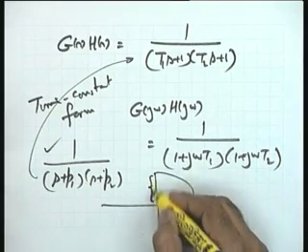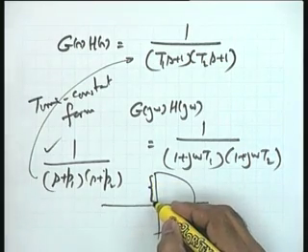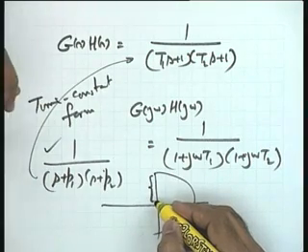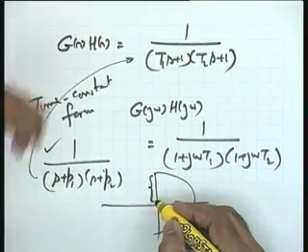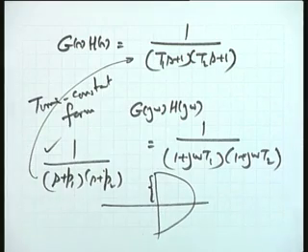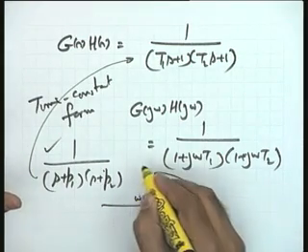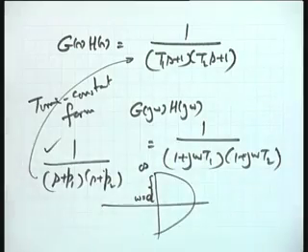And the mapping of the positive half of the imaginary axis, please note my statement, is equivalent to the frequency response of the open loop system. After all, the positive half of the imaginary axis means ω equal to 0 to ω equal to infinity. This is a very important point, and I want you to appreciate it.